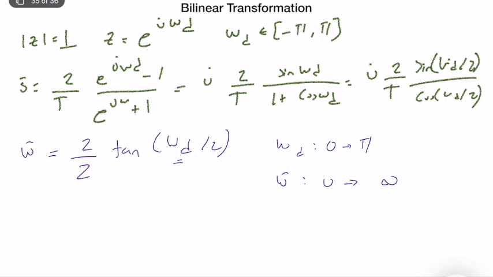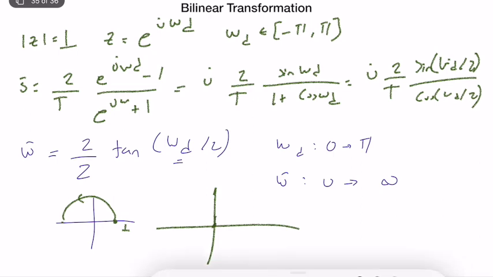So what does it mean? It simply means that this is the unit circle. This part, omega d, is technically the phase also, so it's the phase of the complex number and also the discrete time frequency. If we go from 0 phase, at the point 1, in this direction, we will go from 0 to infinity in the continuous domain.